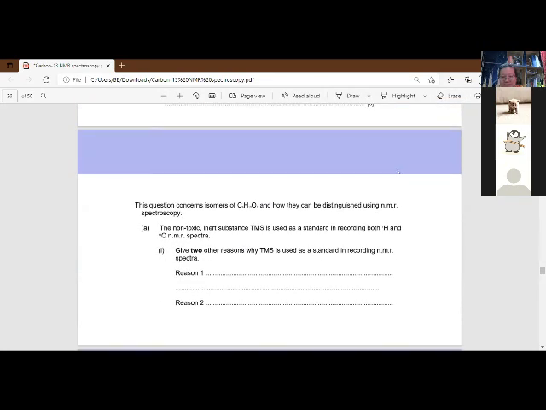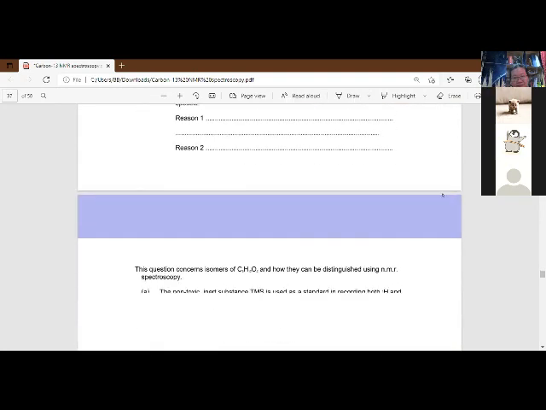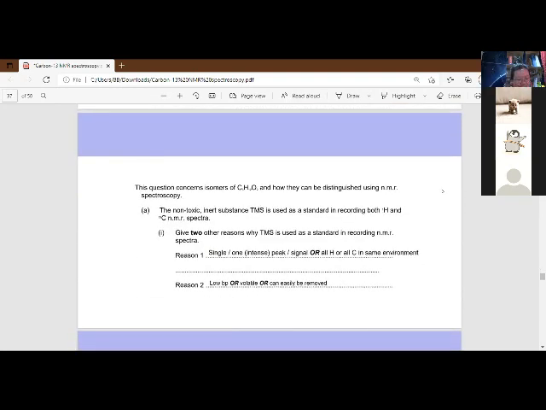Okay, so the next question is how they can distinguish using NMR spectroscopy. They want 2 reasons why TMS is used as the standard for recording. Just now Nadia said what the use of TMS is.